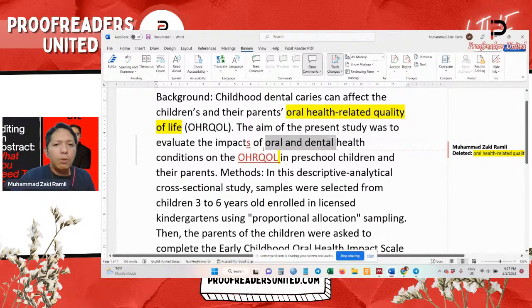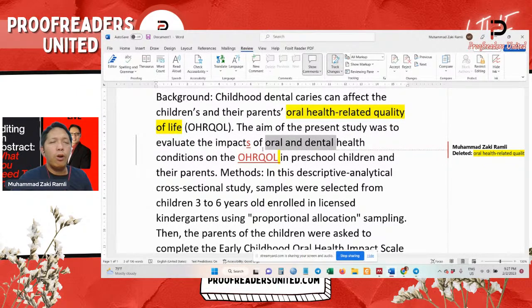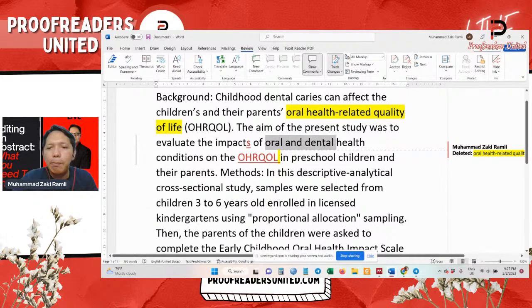Again, I would not like to discuss this too much because we are supposed to focus on the language issue only, because we are working on this as a proofreader. But as a person who is doing this kind of study for my PhD, I would like to know why oral and dental should both appear here.